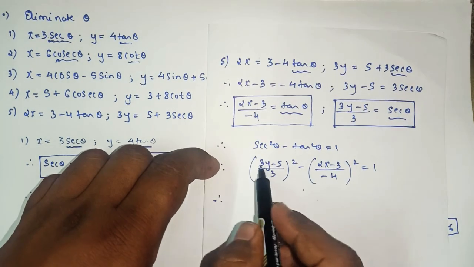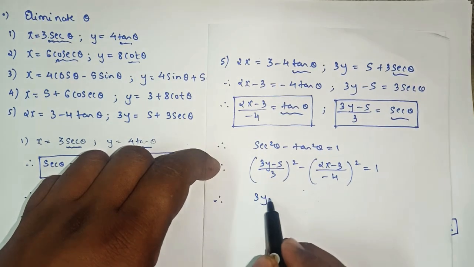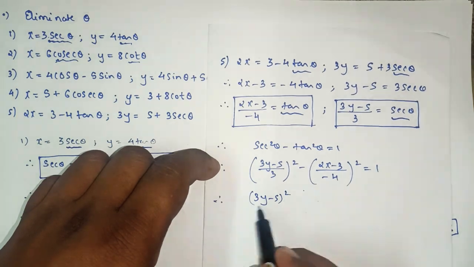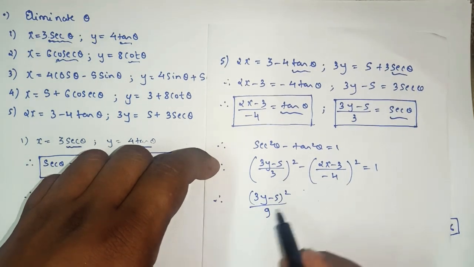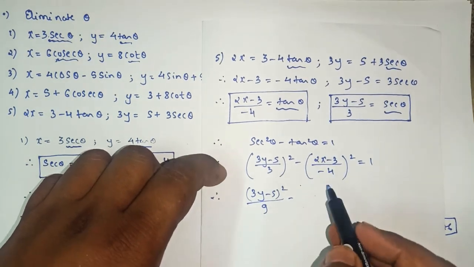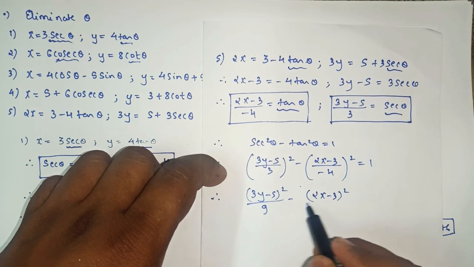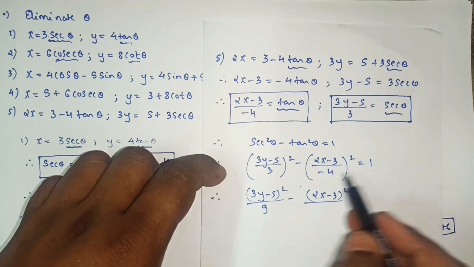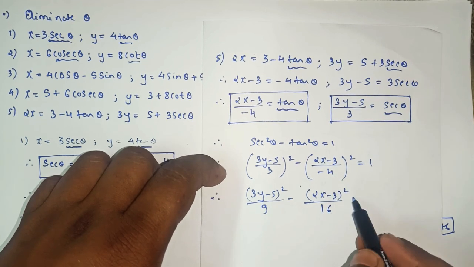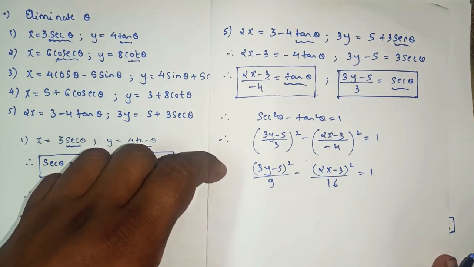So therefore this we can write as what, 3y minus 5 the whole square, and 3 square we can write as what, 9, and here this part we can write as what, 2x minus 3 the whole square, and minus square we know that it is plus, and 4 square it is what, 16 equals 1.